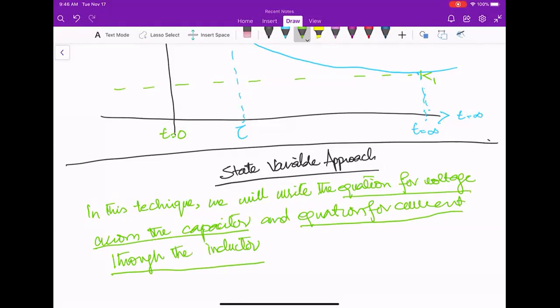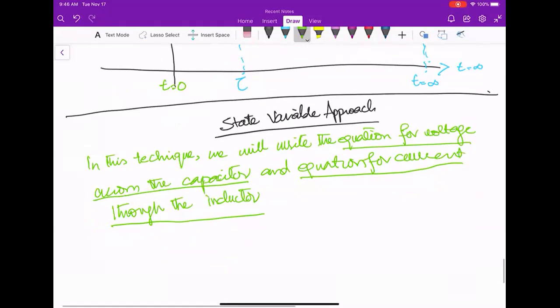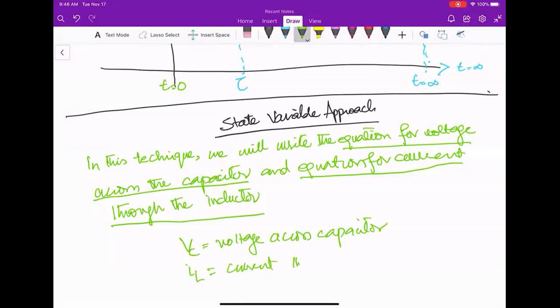And we also know that VC, that is voltage across the capacitor, and current through the inductor, do not change instantaneously, right?